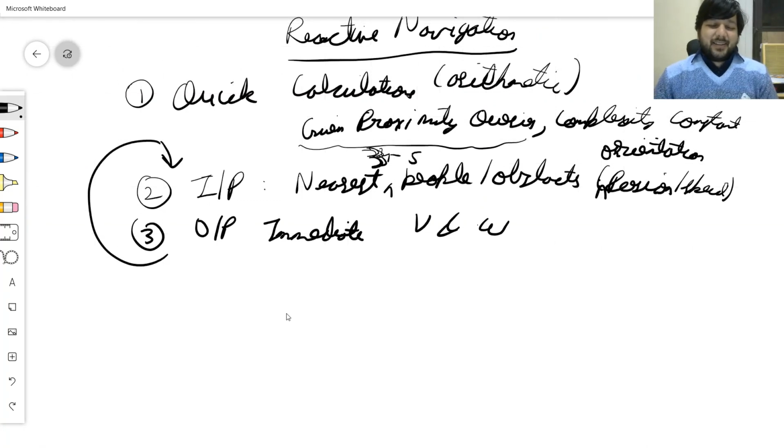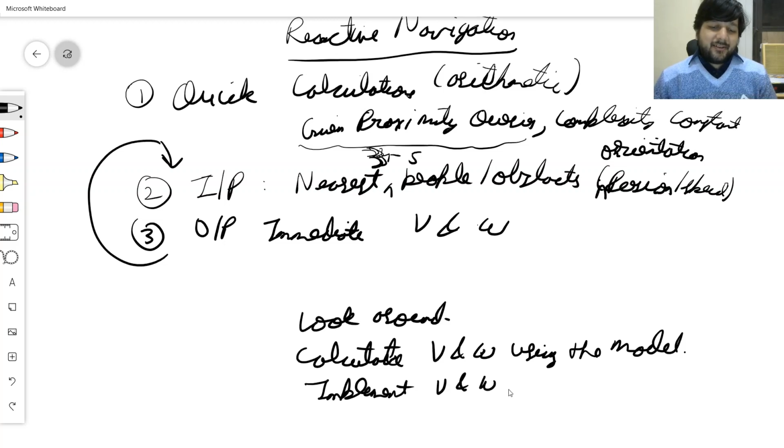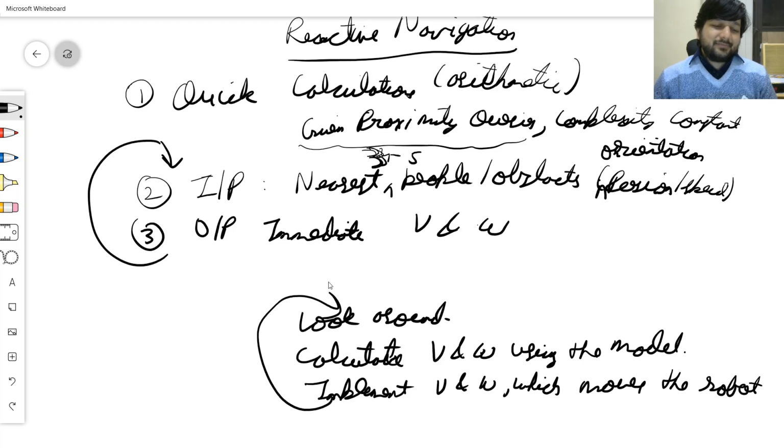So my algorithm is simple: I look around, I calculate V and omega, linear speed and angular speed, using the model, and I simply implement V and omega, which moves the robot, and this thing happens in a loop while I have not reached the goal.